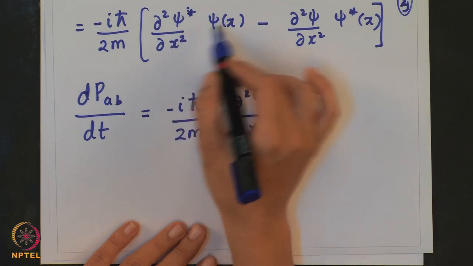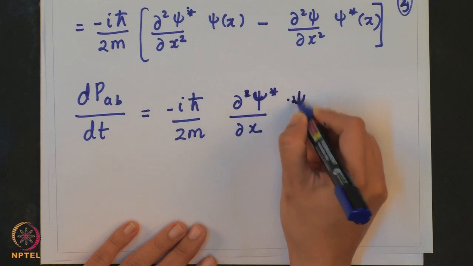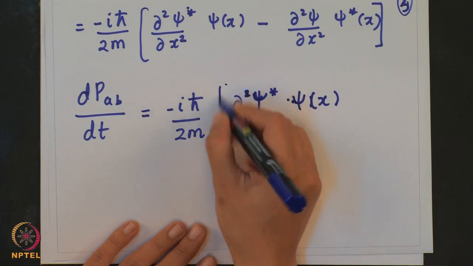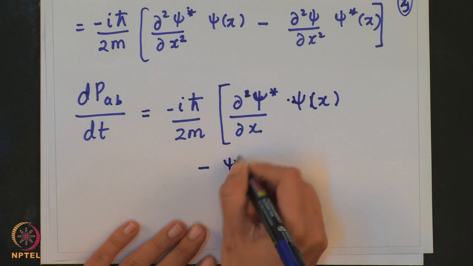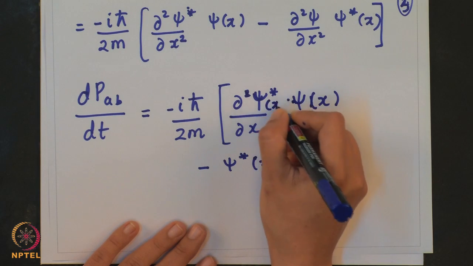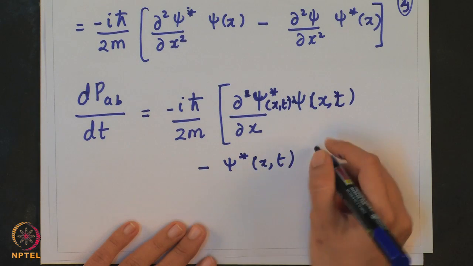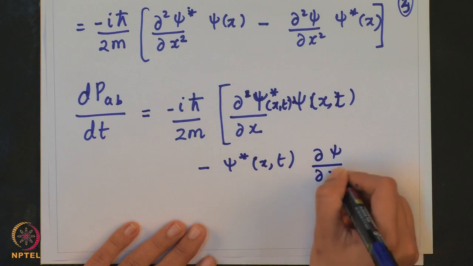When I am doing integration by parts, I will obtain d psi of x, minus psi star of x. I am missing the argument everywhere. If you write it everywhere, or you can just use a shorthand notation, x.